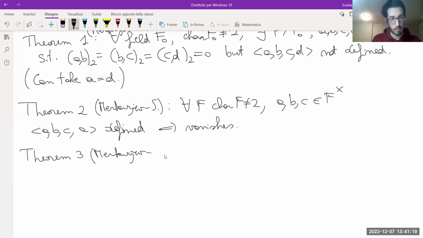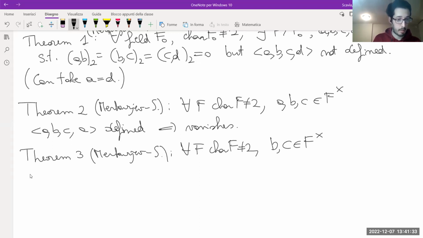F again has characteristic not 2, and we just take b, c in F star, and we assume that a is equal to bc, basically. So ⟨bc, b, c, bc⟩, if this is defined.